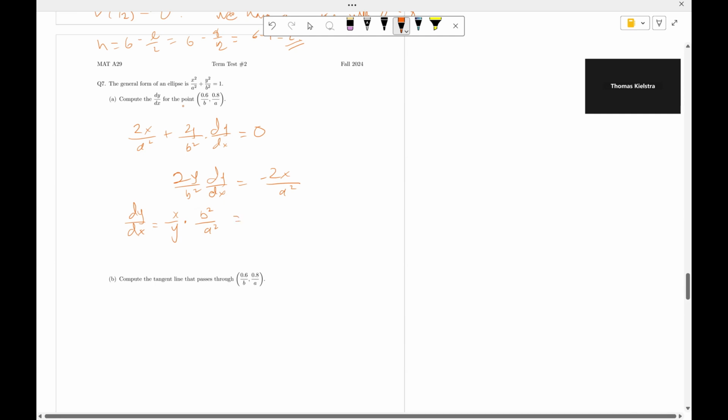So this equals 0.6 over b times b squared over 0.8 over a times a squared, which equals 0.6 b over 0.8 a. And we have our conclusion.